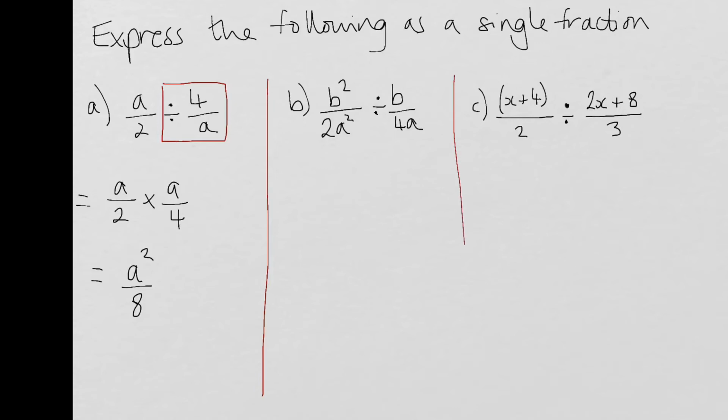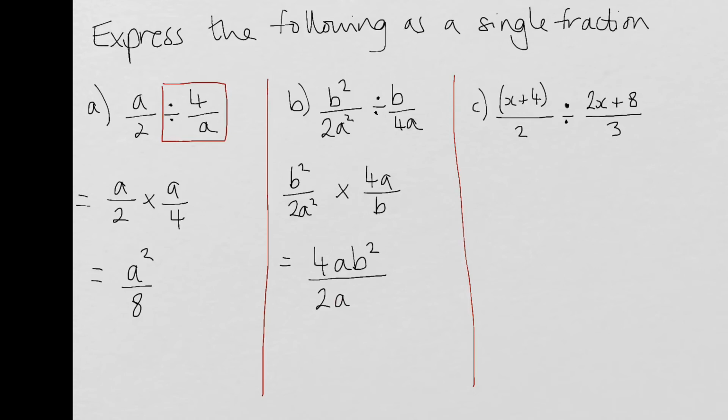The second question, let's have a look at this. So I'll have b squared over 2a squared. I'm going to multiply by the reciprocal. So I will get here 4ab squared all over 2a squared b.